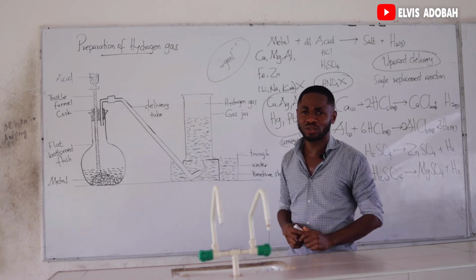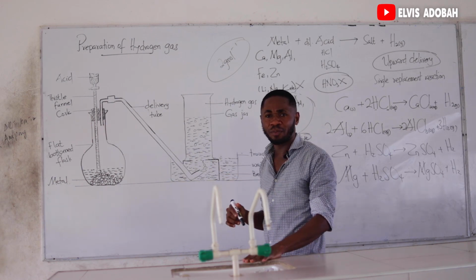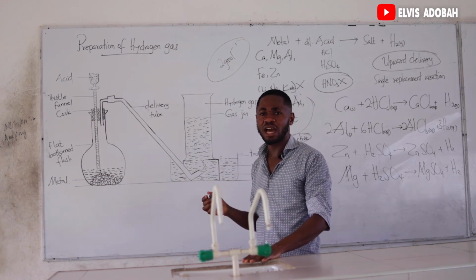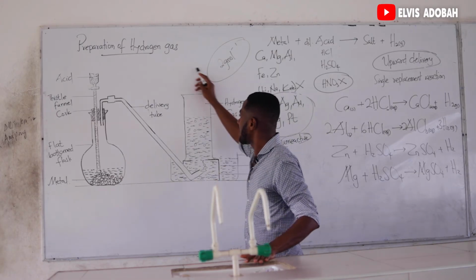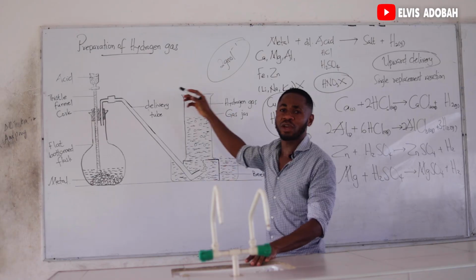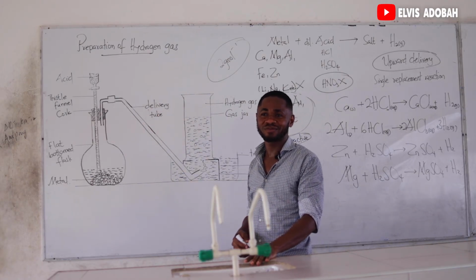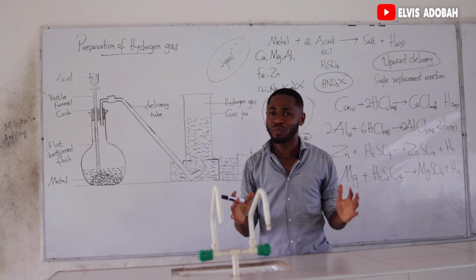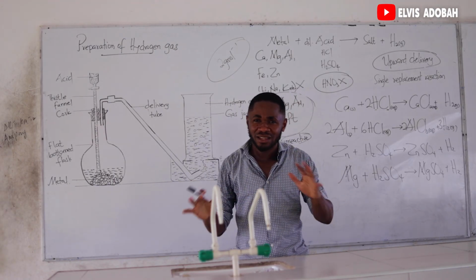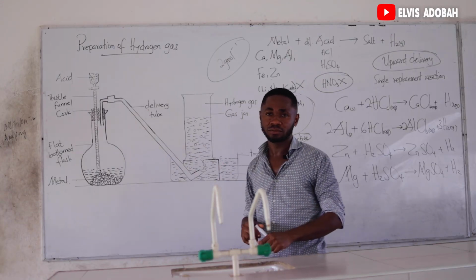Your assignment as students would be to check the past question. The year 2022, they had this setup appearing in Integrated Science Practical. In WASSCE 2022, they had the same preparation of hydrogen gas, but in that paper, they didn't collect it over water.